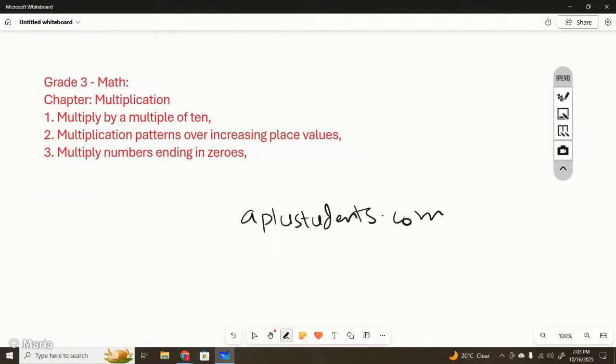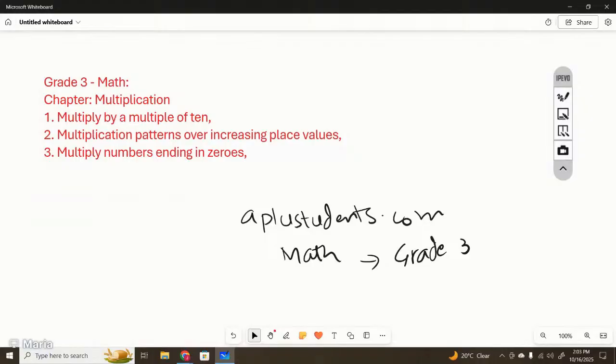Then you have to select math from the subject tab. Scroll down to grade 3 math and then click on view all lessons. There you can find a list of the chapters. We're going to start with the chapter multiplication.